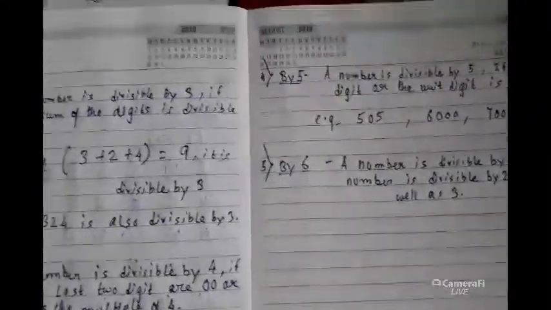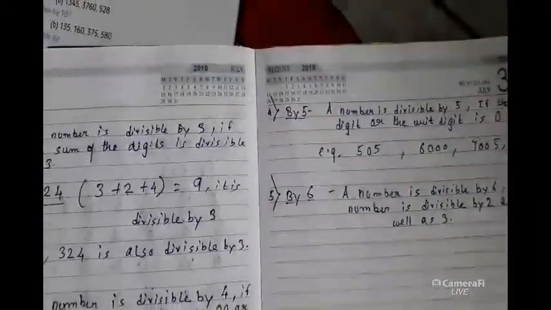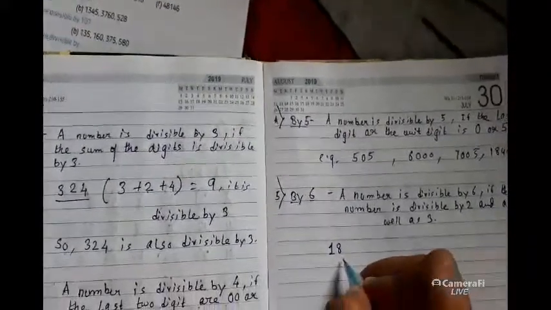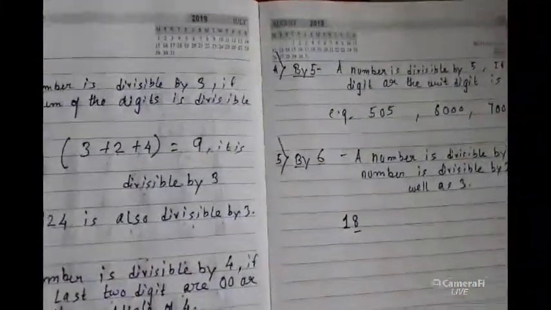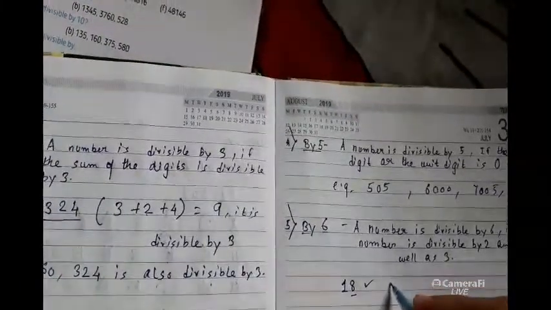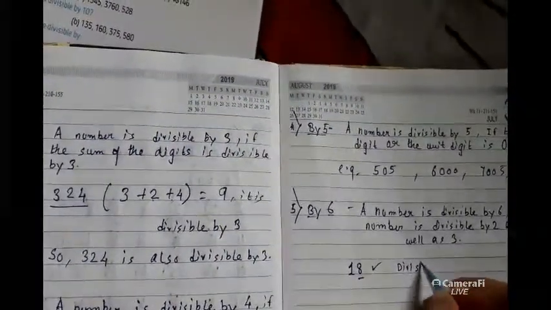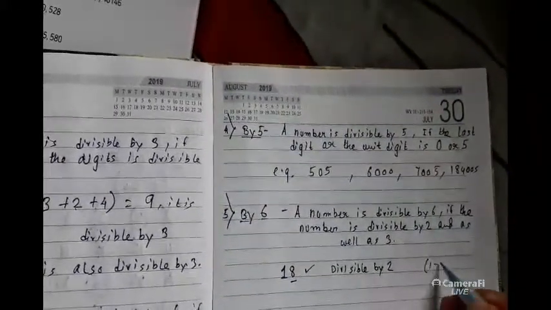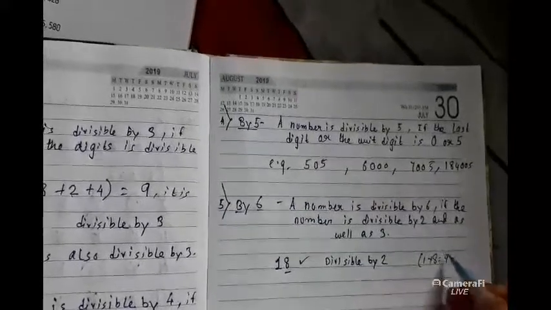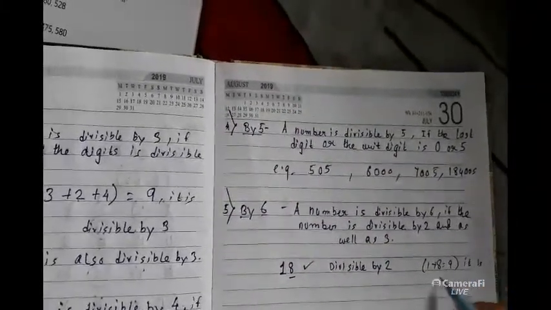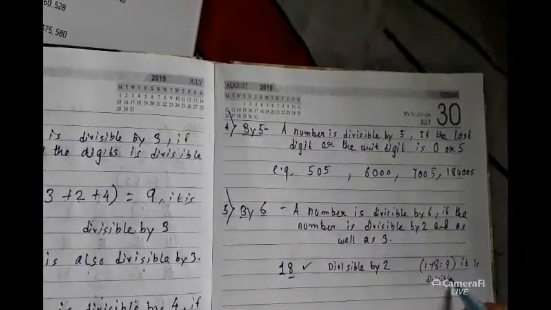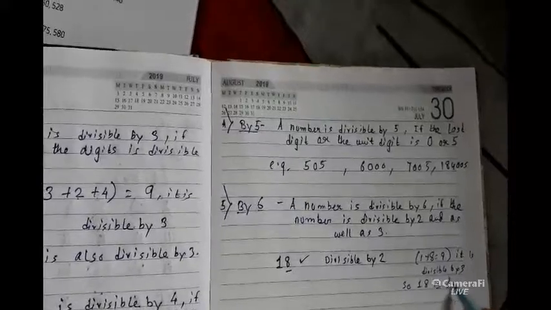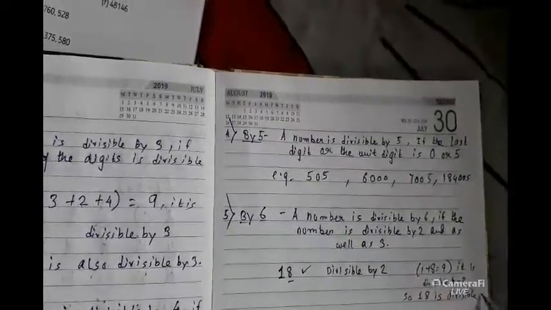For example, 18. First of all you check the divisibility by 2. The last digit, or unit digit, is 8, an even number, so it is divisible by 2. Now by 3, add it up: 1 plus 8 equals 9, so it is divisible by 3.